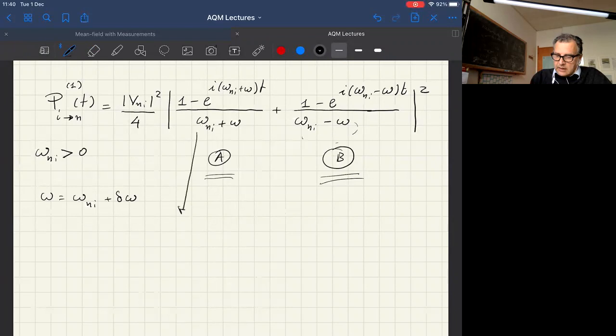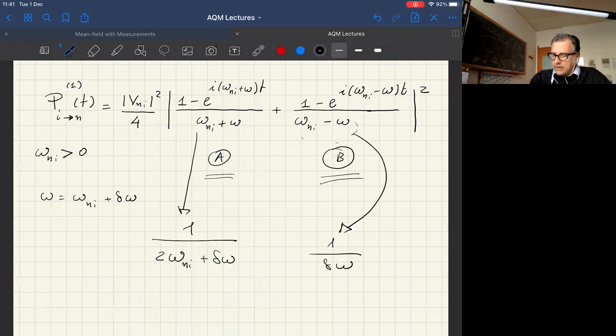Then this term will go like 1 over 2 omega n I plus delta omega, while this term will go like 1 over delta omega. So when you approach the level separation, this term will tend to diverge. Be careful about divergence, because this is still perturbation theory, while this other term is bounded.